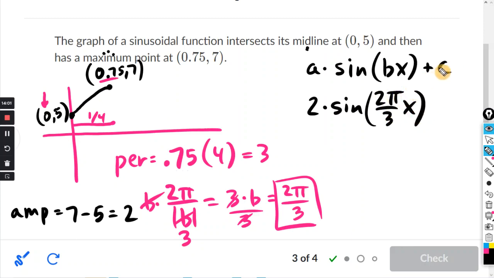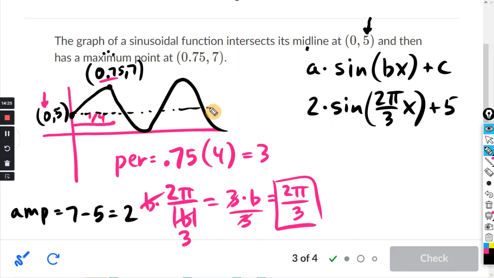Finally, for the midline, the plus c, that determines how high or low the graph is shifted. The midline is at 5. You look at the y-coordinate. Okay, if this graph kept going, this is midline, this is max, it would be like that.